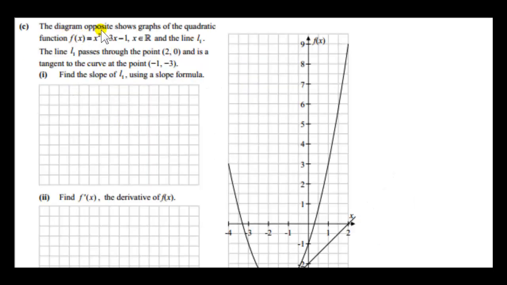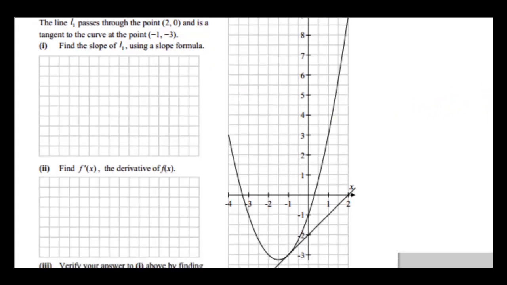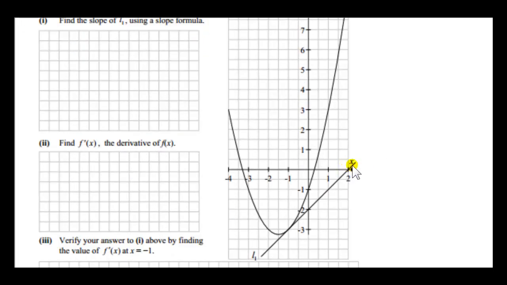The diagram opposite shows graphs of the quadratic function f of x equals x squared plus 3x minus 1 and the line L1. Okay, so the line L1 passes through the point 2, 0. So here is the point 2, 0. Alright, so the graph is a parabola.